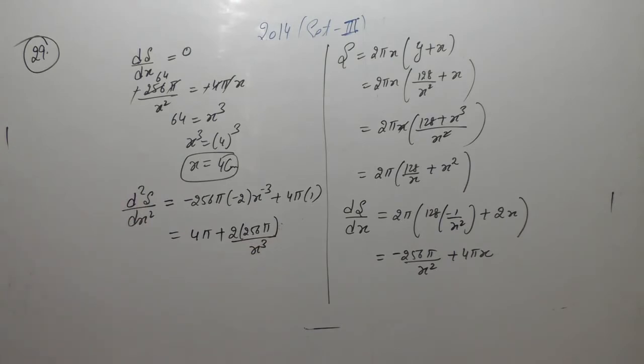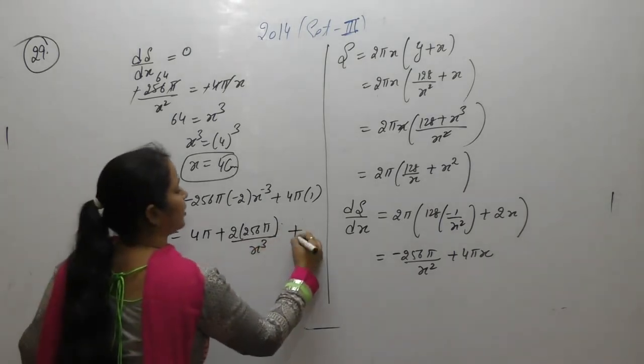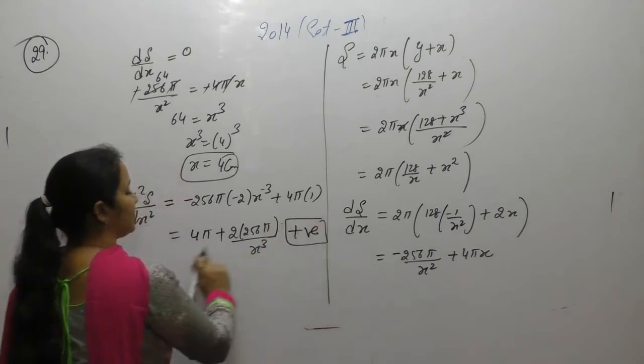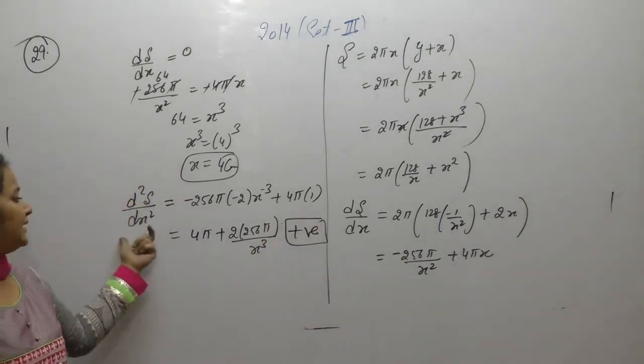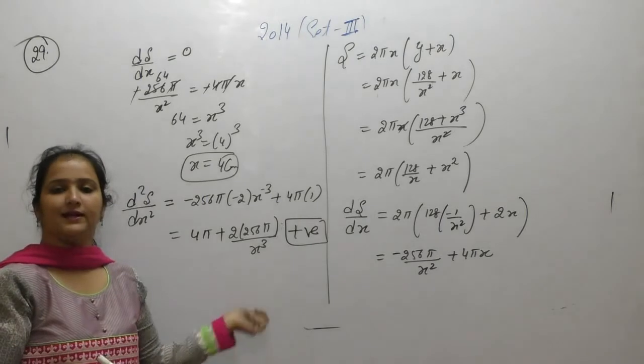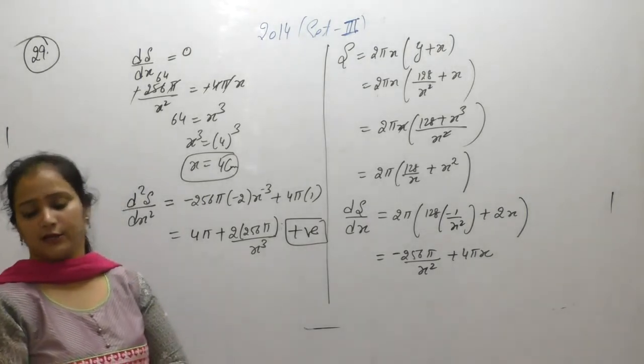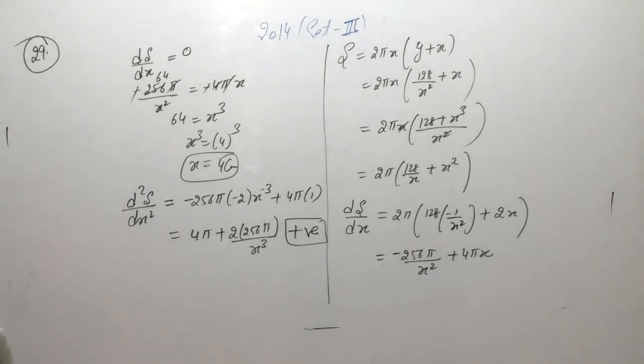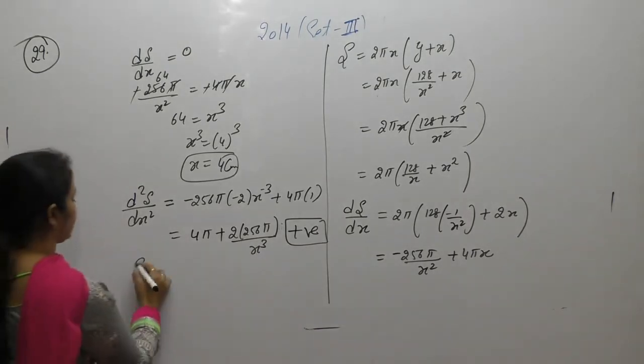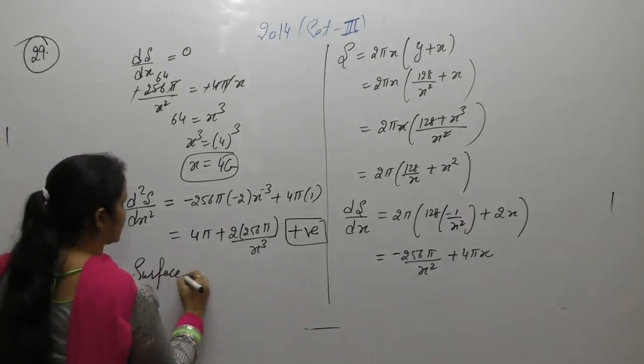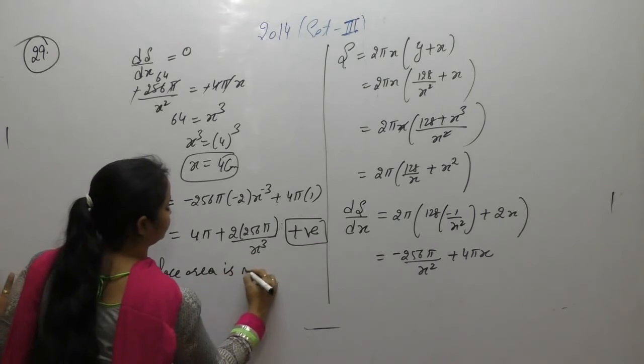So this second derivative has a positive value because all these terms are positive. If the second derivative is positive, then it is the point of minima. Therefore, the surface area is minimum.